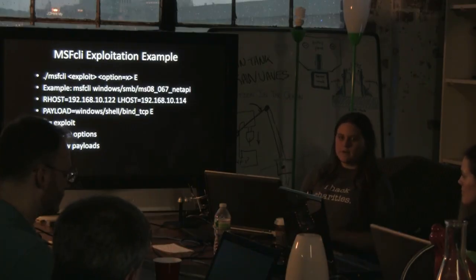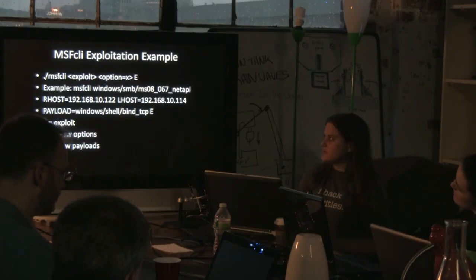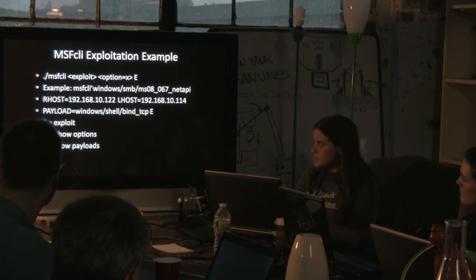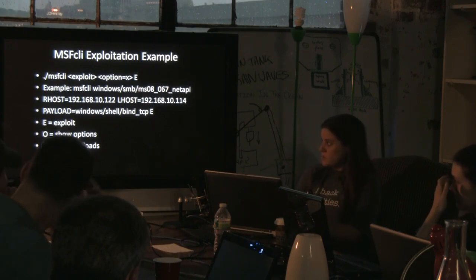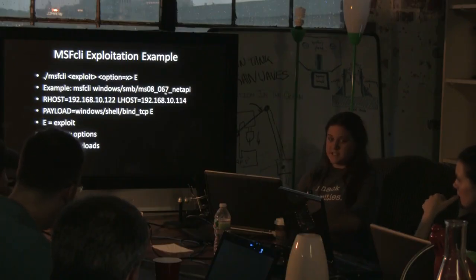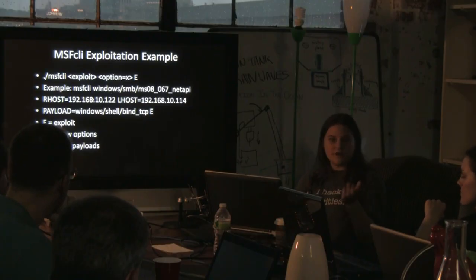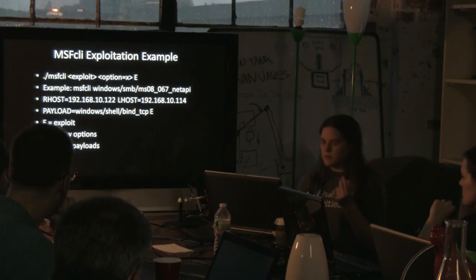An example is how we would do the exact same thing we just did. We would say command line interface, and then our exploit, windows/smb/ms08_067_netapi, and then set all of our options. Remember, some of them were already set for us, like the RPORT is 445 and our local port is 4444, so we don't have to specify those unless we want to change them.